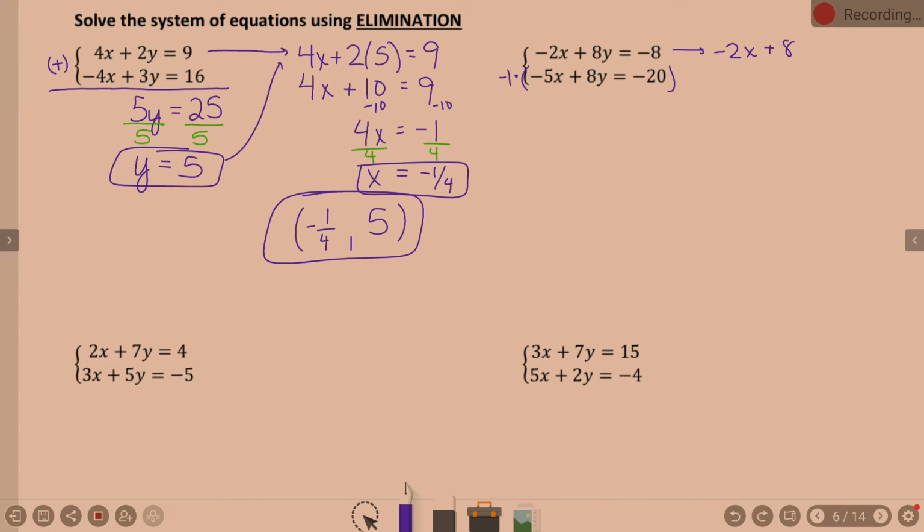Negative 2x plus 8y equals negative 8. My bottom equation. What happens when you multiply everything by negative 1? All your signs change, right? So it's going to become positive 5x minus 8y equals positive 20.